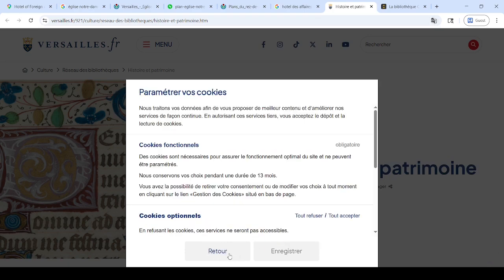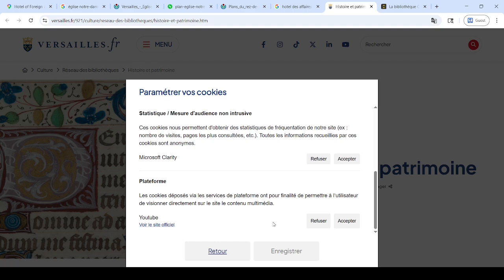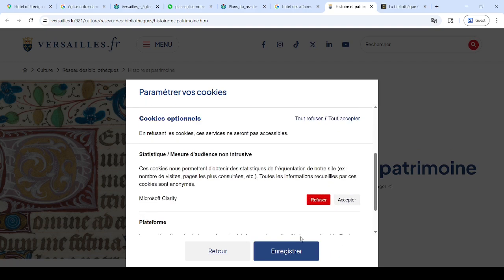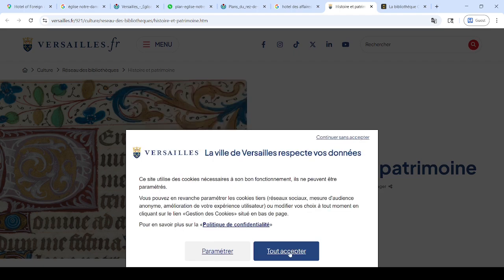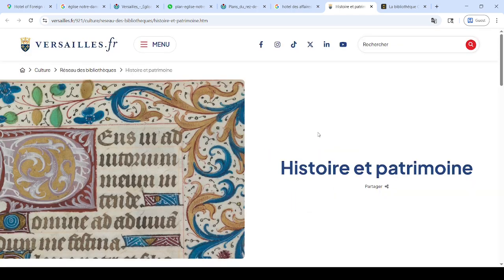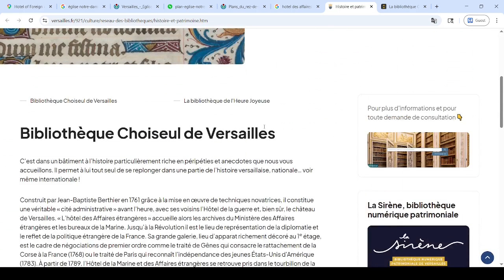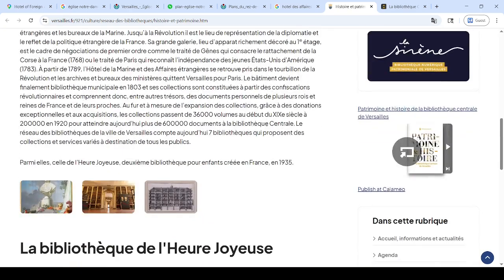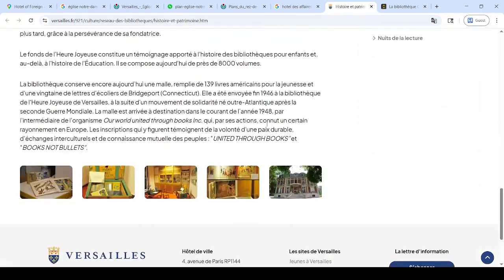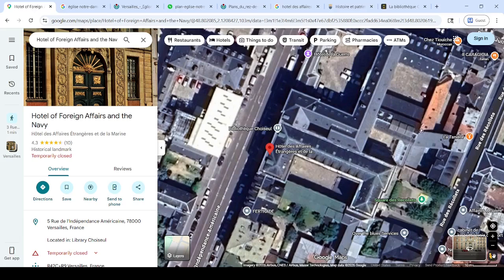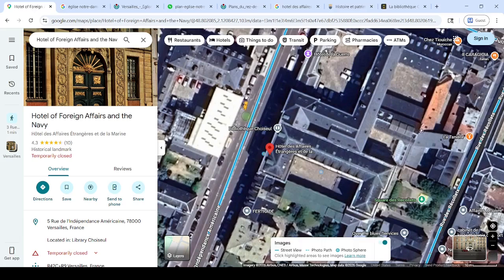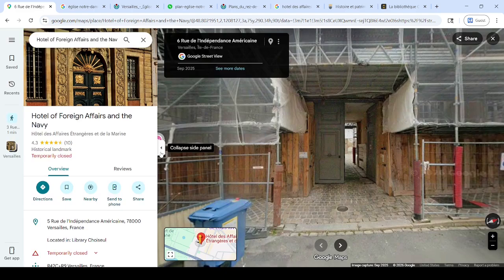Let's see, cookies. Jeez, very complicated. Oh, wait a second. Okay. So the library. Not getting too many other pictures. Okay, but you know what? It looks like the building might be U-shaped.